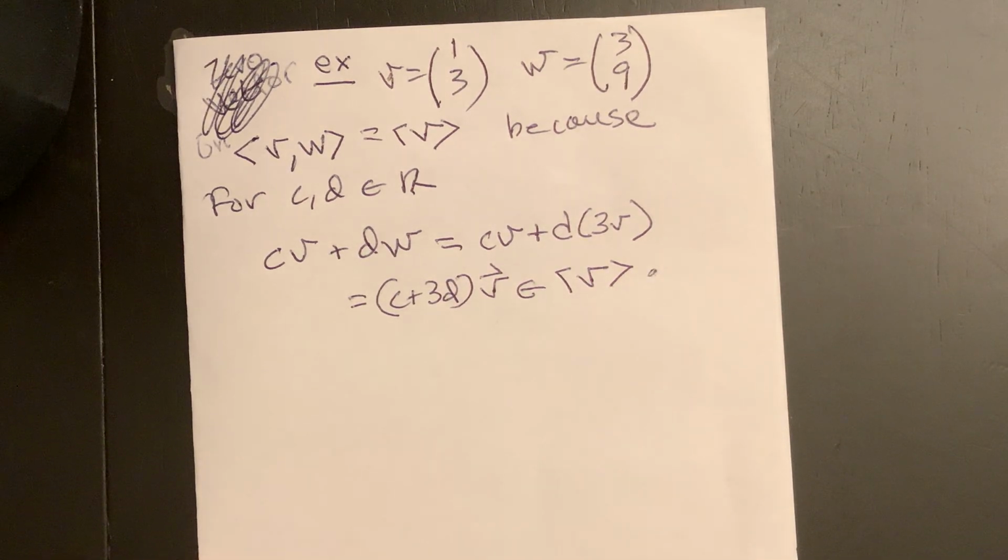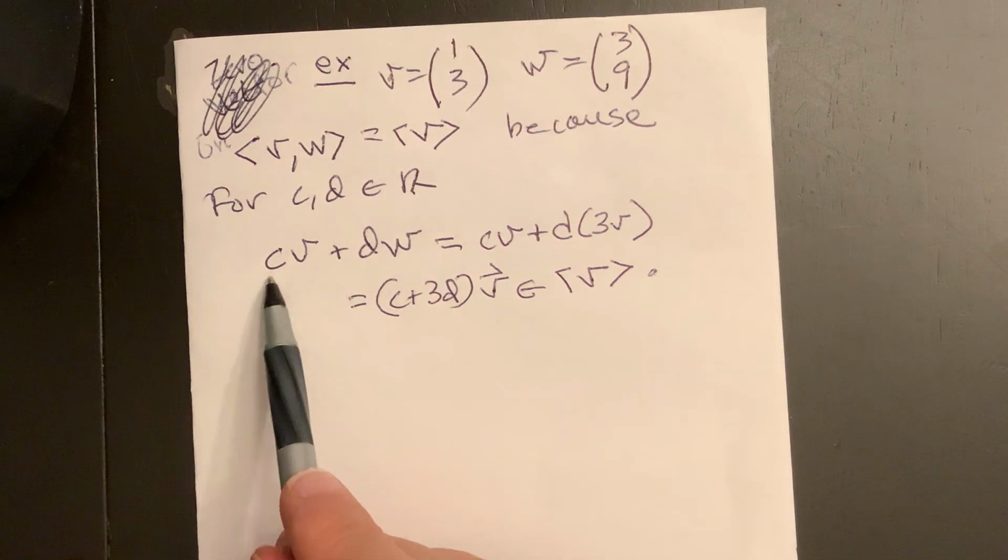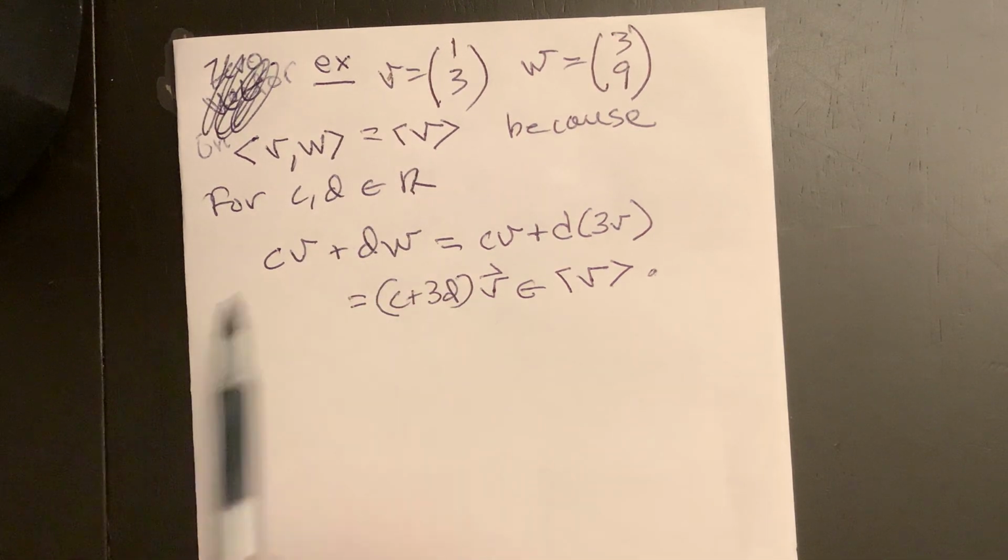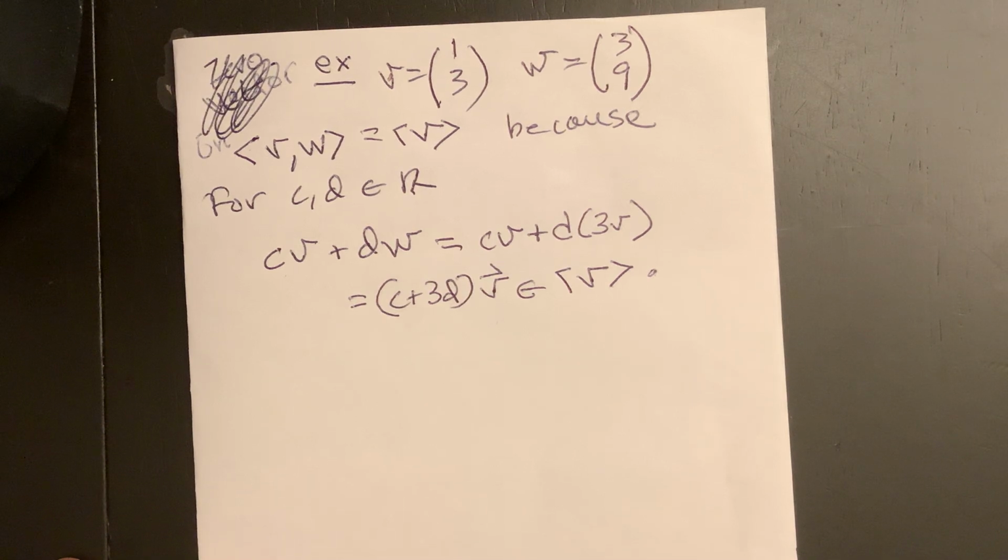Okay, so for any c and d in R, this is in the span of v, so the span of v and w is equal to the span of v. All right, so the span of v and w is a line in this case.